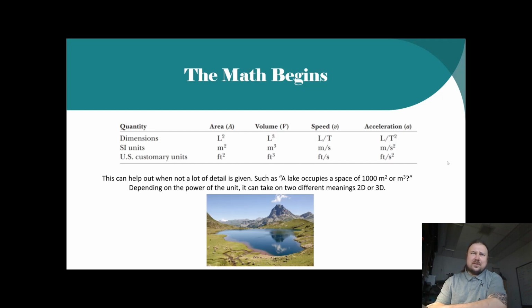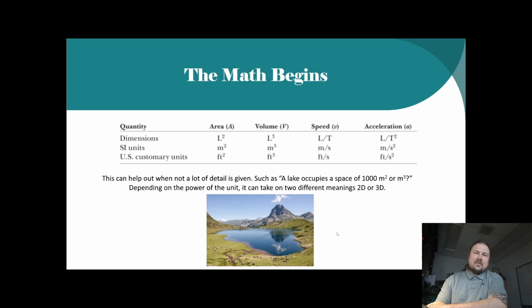So how does this help us? Why do we have to know all this? Well, it can give you a lot of detail when not a lot of detail is given. One of the big challenges in physics is just understanding the questions. The questions are worded a specific way to give you clues on how to solve them.